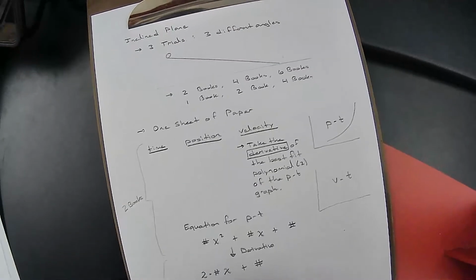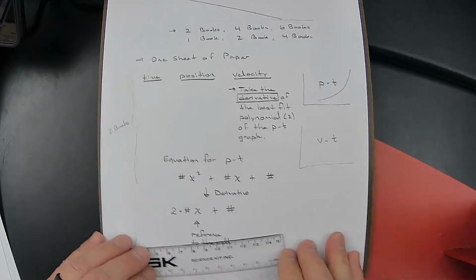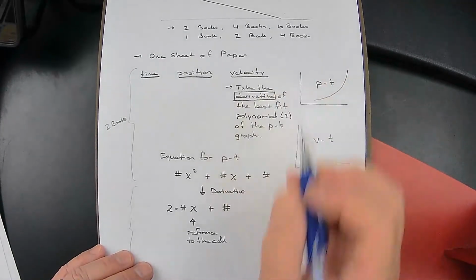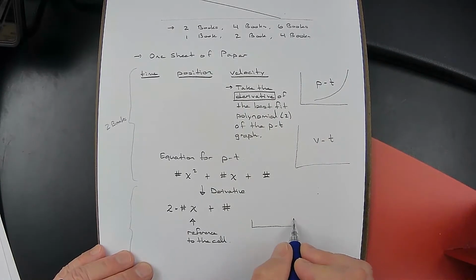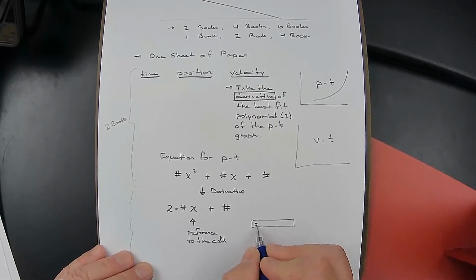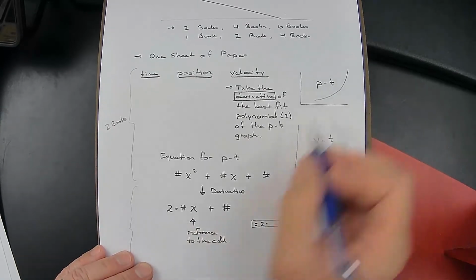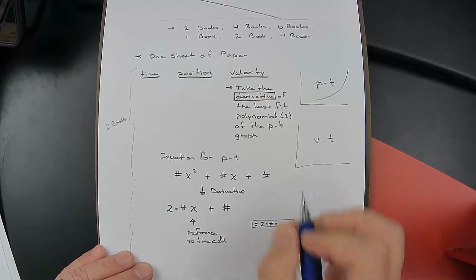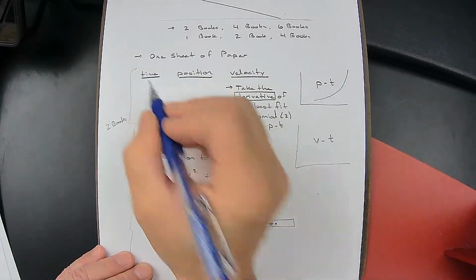You will put the reference to the cell. So in this box, you would write equals 2 times whatever number was there, and then times whatever the reference is here.